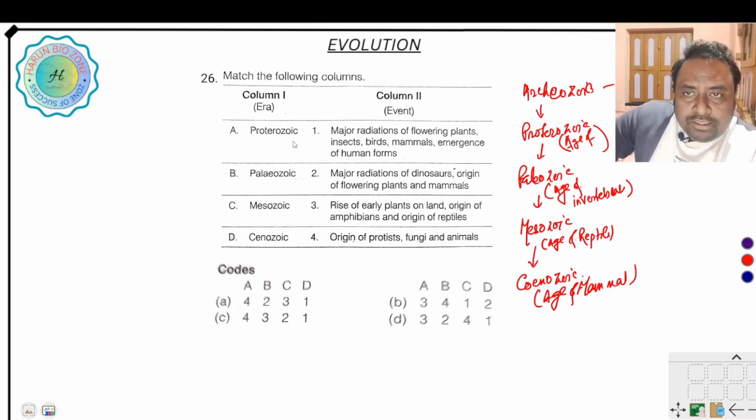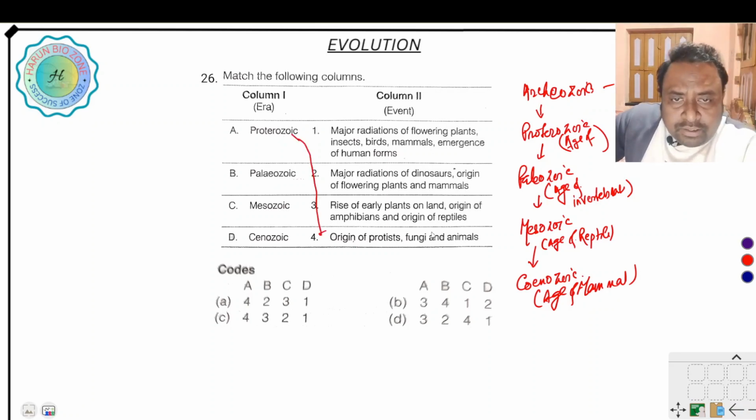So, in Proterozoic, origin of protist, fungi and animal.